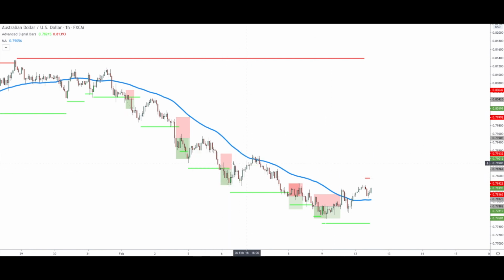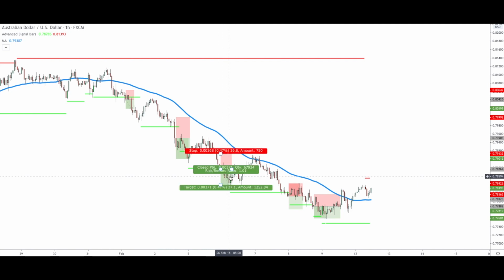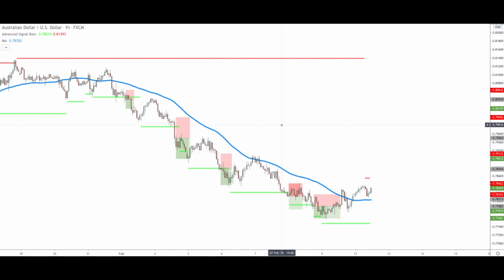So maybe like this one, you take a losing trade because it doesn't get to your target and then retraces a bit more and then it restarts to the downside.